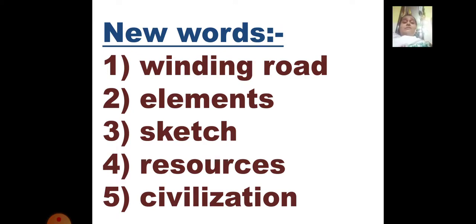Earlier there were civilizations which did not last for a longer period of time. It got destroyed, or it is now nowhere. A civilization is a society which was formed many years ago, and now you can find only a few remains of it.